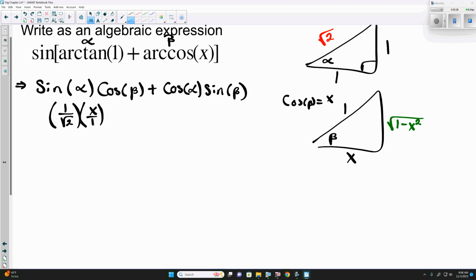And that kind of makes sense because if we did cosine of arc cosine of x, we just get x. Plus cosine of alpha, adjacent over the hypotenuse, 1 over the square root of 2. Sine of beta. Well, sine is the opposite side, which is our square root of 1 minus x squared, over the hypotenuse, which is 1.